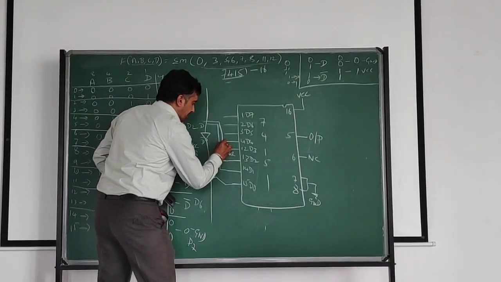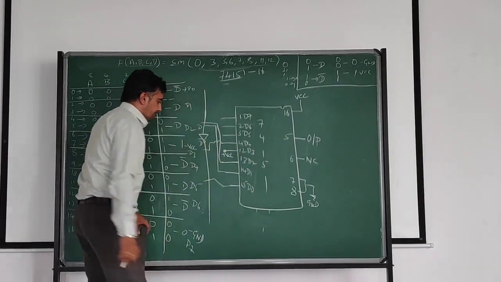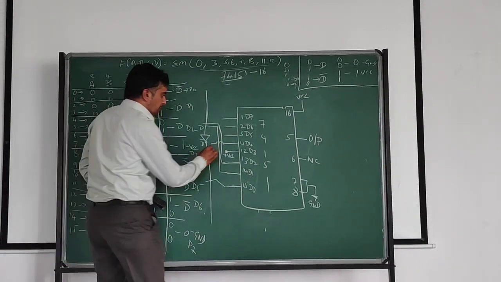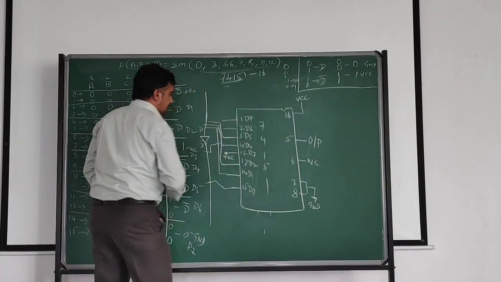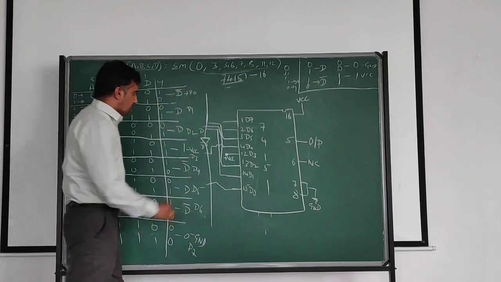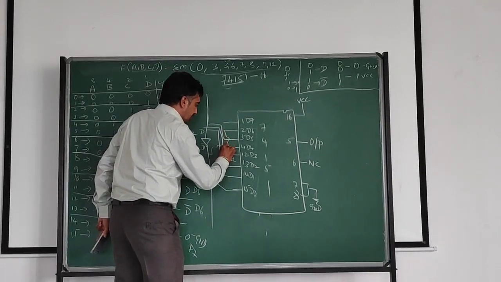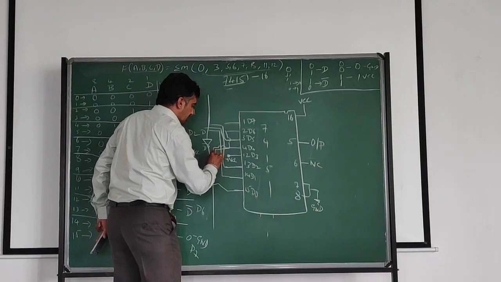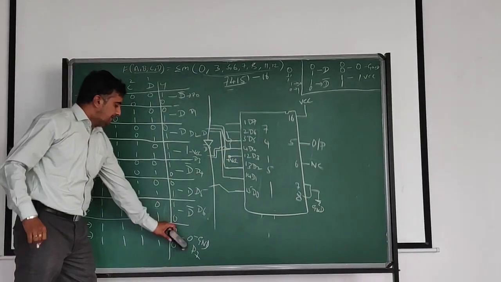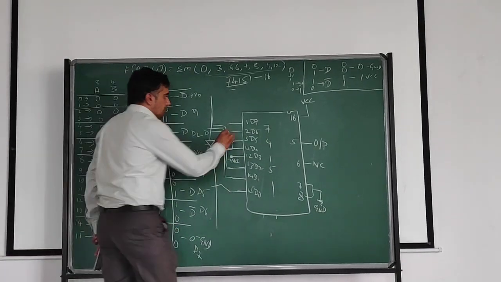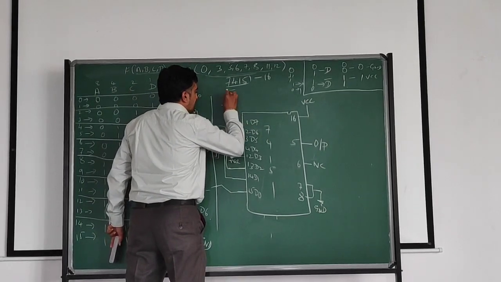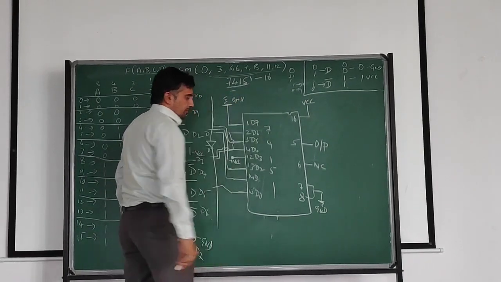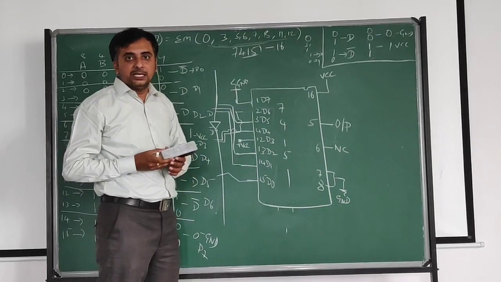Next, D5 should be connected to D, and D6 should be connected to D bar. And finally, D7 should be connected to ground.